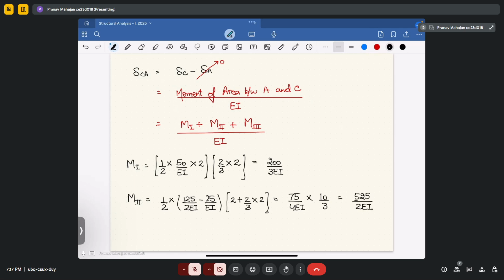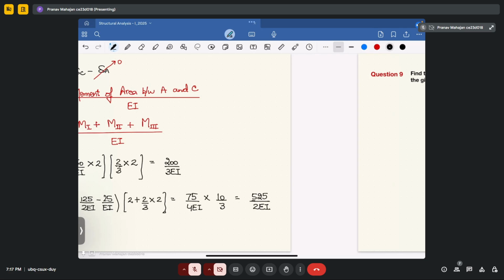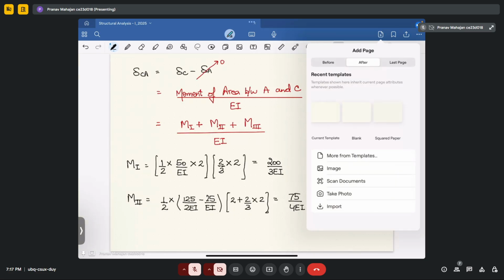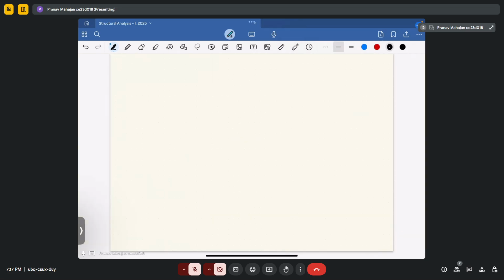Fine. Now third moment. So third moment, if we calculate how it will look like. So your third moment, since it is also a triangle, it will be 1 by 2 into, no, this is a rectangle. So then in this case, it would be 25 upon EI into, what will be that length?